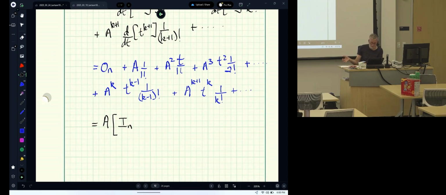A times the identity is A. Here, I factor A out of A squared. Here, I factor A out.